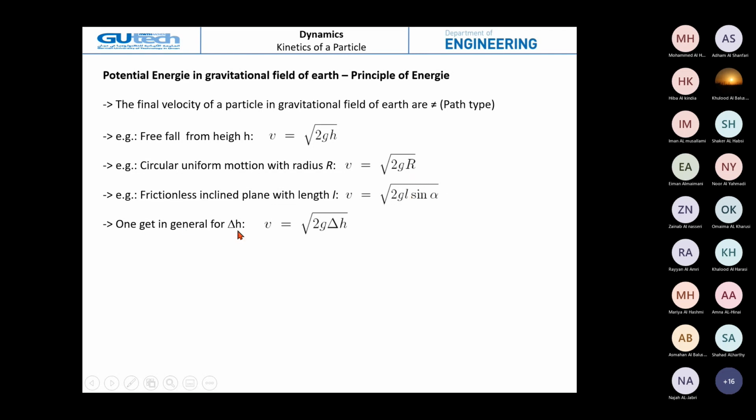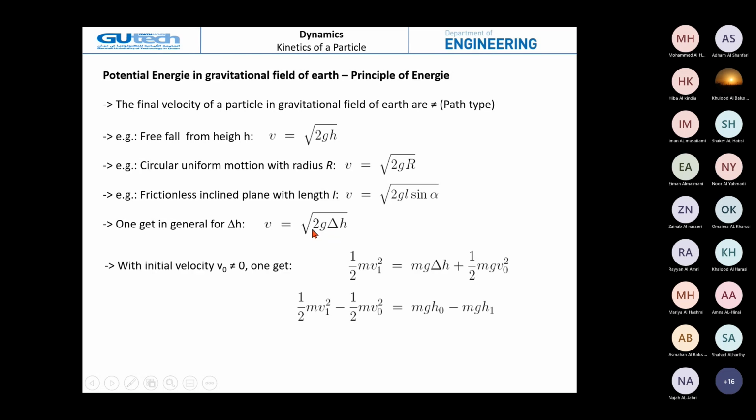One gets in general for delta h this expression here, what we have seen before. Now, with initial velocity different from zero, one gets the kinetic energy at time t1 as mg delta h plus the initial kinetic energy.